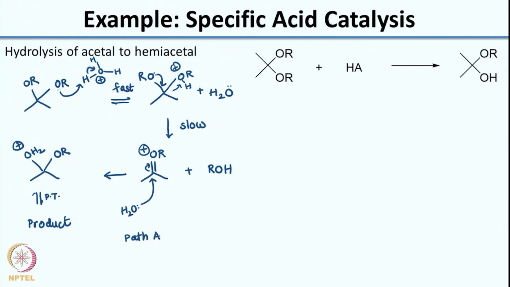The other option is once you form the first intermediate, you can think of water attacking and it undergoing an SN2-like mechanism to give you this, and of course this will undergo proton transfer to give you the product.